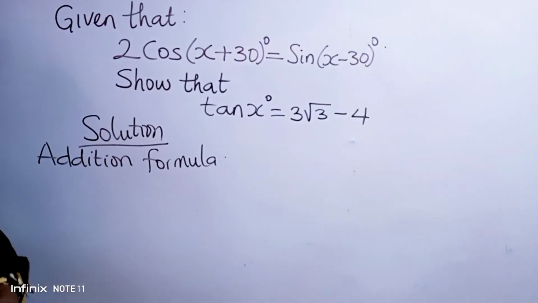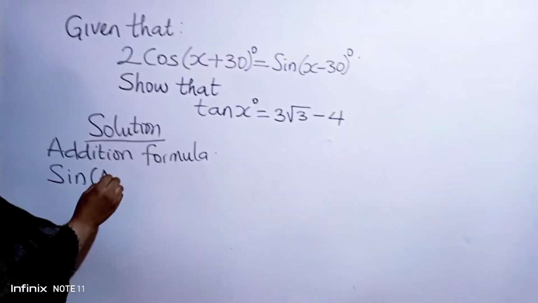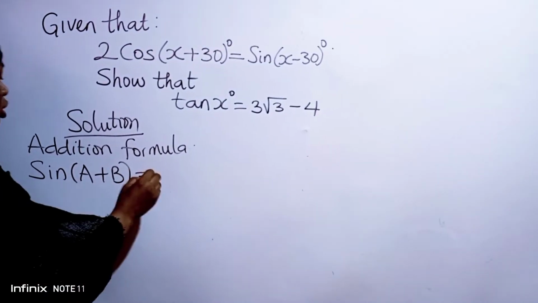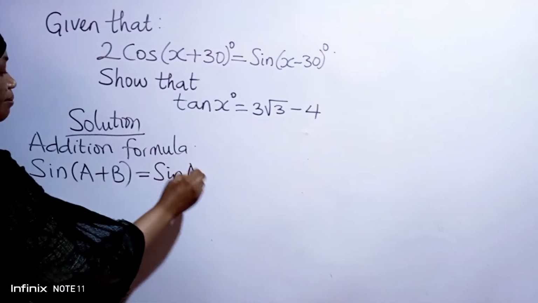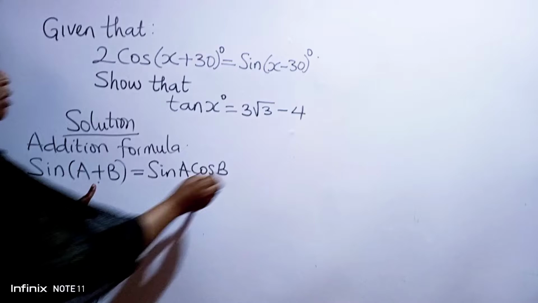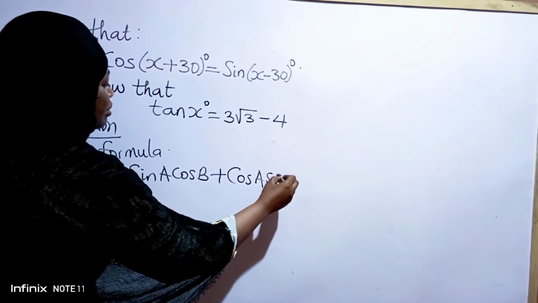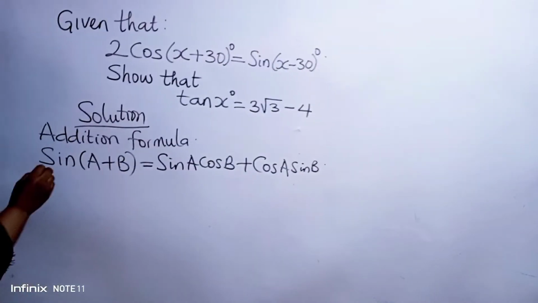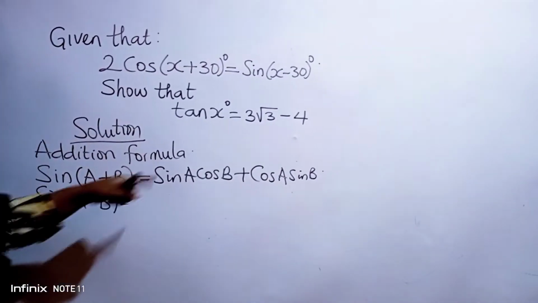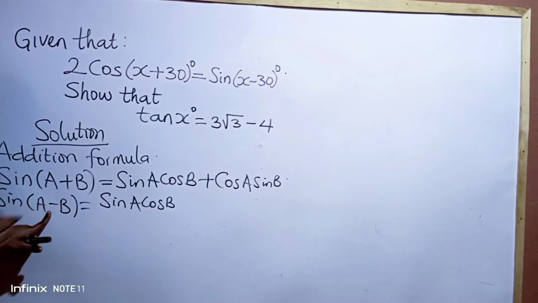This addition formula will tell you how to solve anything that involves the addition of angles. sin(A + B) is equal to sin A cos B, then the same sign, which is plus, cos A sin B. Also, sin(A − B) is the same thing as sin A cos B, then minus, the same sign.